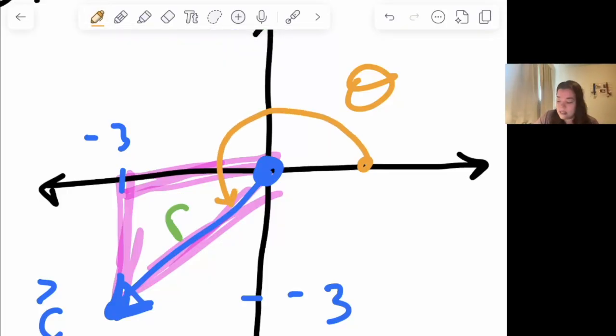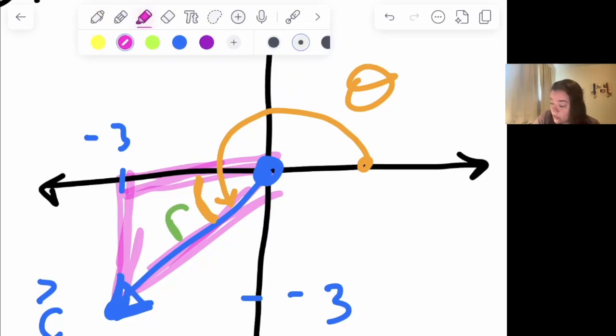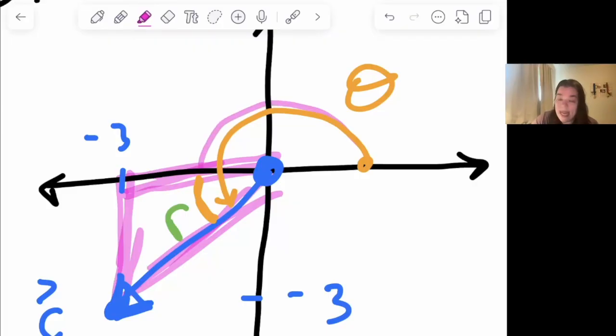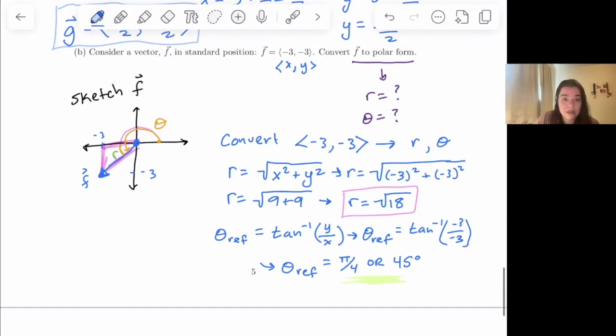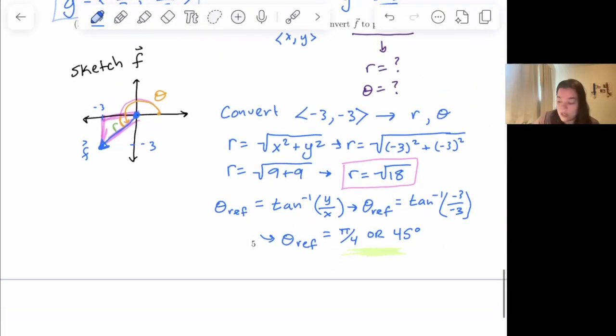So just seeing, we have the little angle is 45 degrees, and we would need to add to that the 180 full line to get there. I'm going to write that in math. I know I just explained it in words, but zoom back out. So what do we need to find our theta?